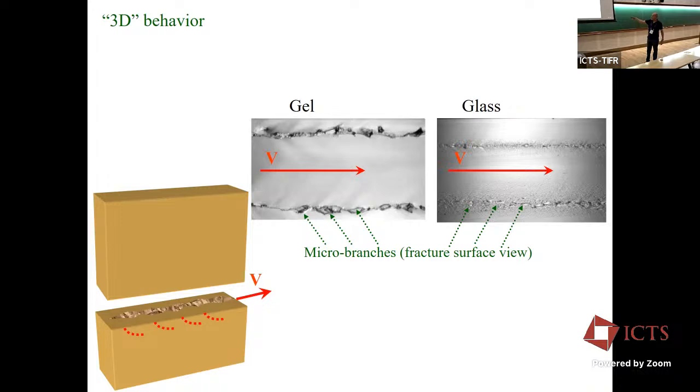This is the surface, and they propagate along kind of directed lines. So you have regions of the fracture surface where the surface is very smooth, featureless, and these regions where the microbranches take place, and they're localized along the width of the sample. And the same thing happens in glass.